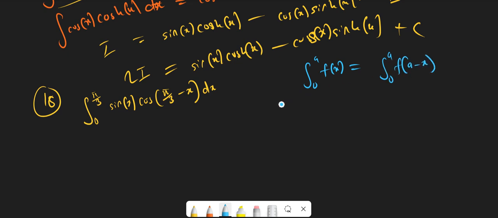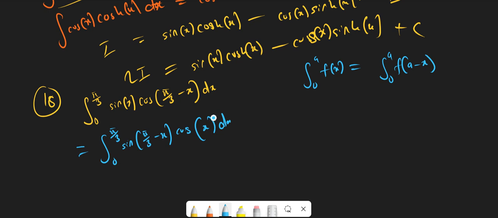So in this case, this integral would equal the integral from 0 to pi over 3 of sine of pi over 3 minus x times cosine of, if we put pi over 3 minus x here, just cosine of x dx.